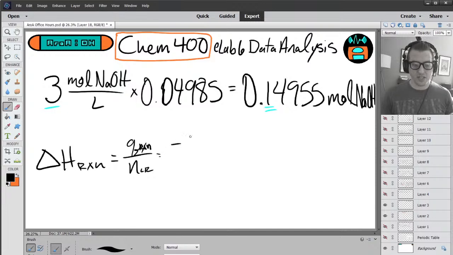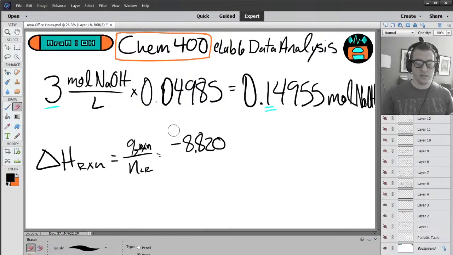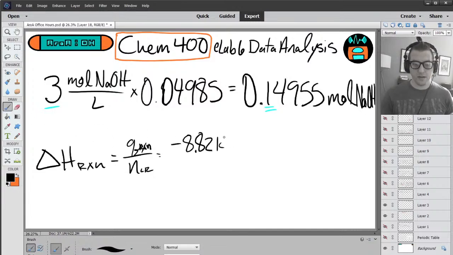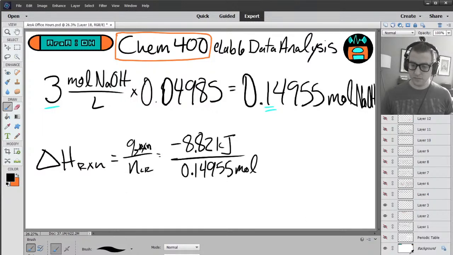So our Q of the reaction is negative 8,820, 8.82 kilojoules over moles, which is 0.14955. There's only 1 sig fig down there.